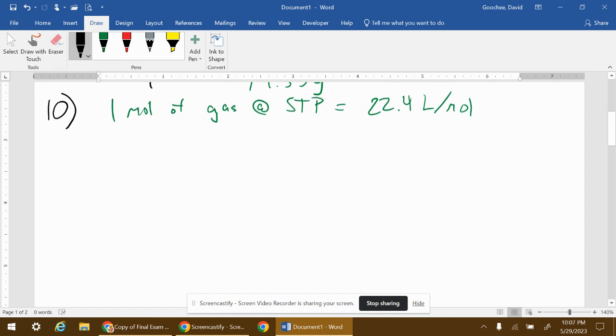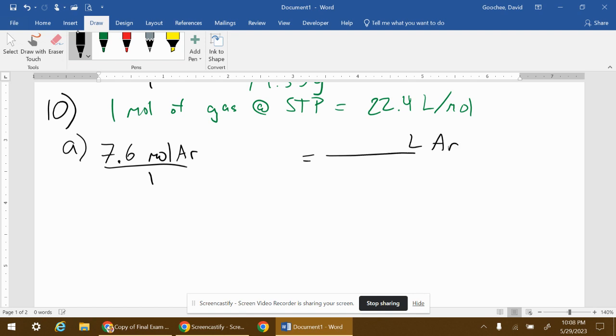So these questions could hypothetically be easier. For example, A, if you have 7.6 moles of argon, and we want to figure out how many liters of argon that is, well, we get out of moles and into liters, and we don't even need to consult the periodic table because it's 22.4 liters.